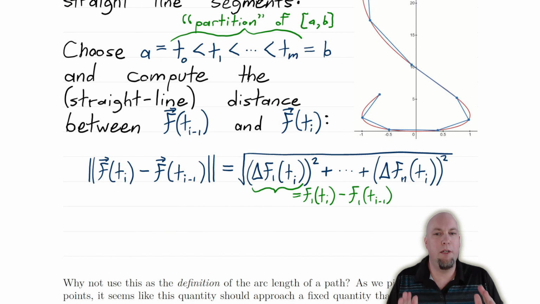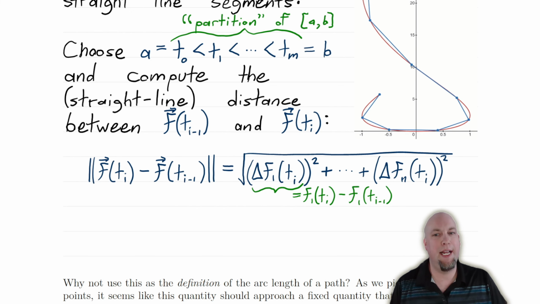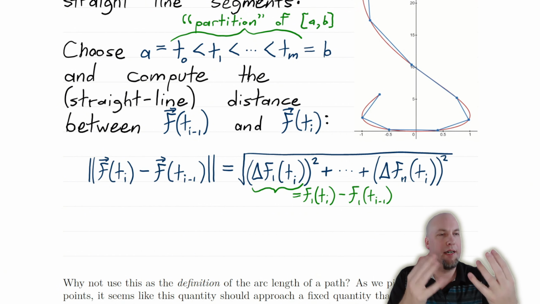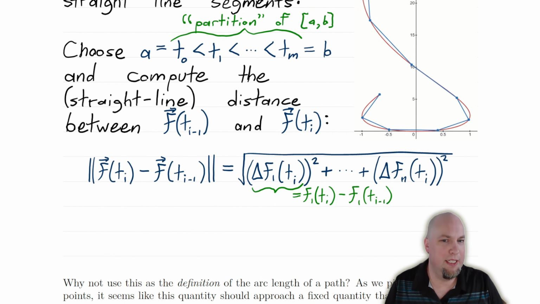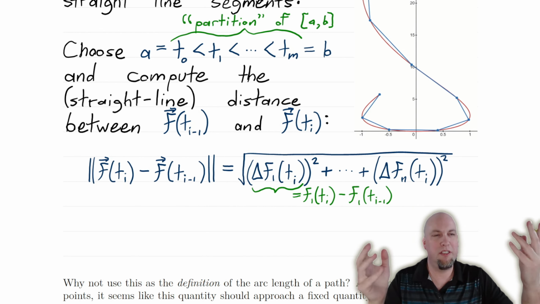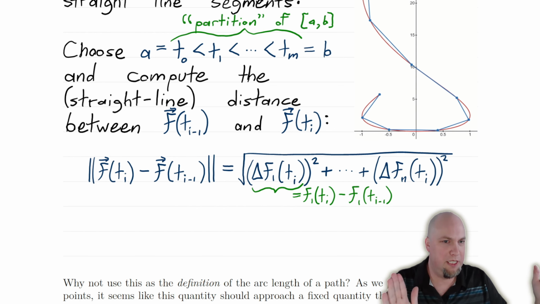On the ith subinterval, in other words, between the two points f of t_i and f of t_{i-1}, on that interval from t_{i-1} to t_i, what is the straight line distance there? Well, I know a formula for the distance between those two points. In n dimensions, you just do the Pythagorean thing, with more sums of squares depending on how many dimensions you're in.